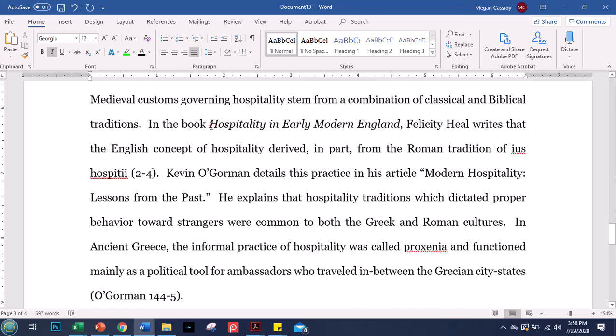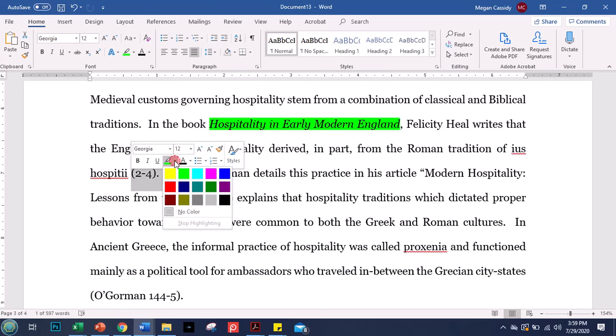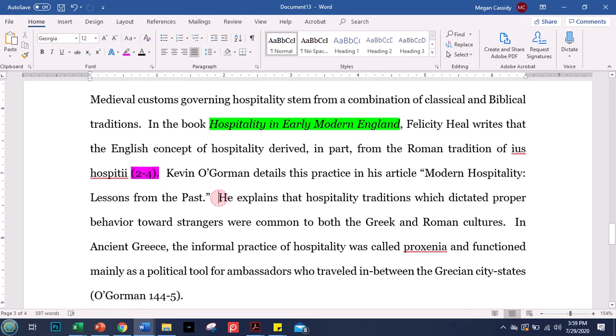So, in the book, Hospitality in Modern England, I'm going to put that in green. Felicity Hill writes that the English concept, blah, blah, blah, tradition, and then we have some Latin words there. And then we have our citation, which I'm going to do pink.